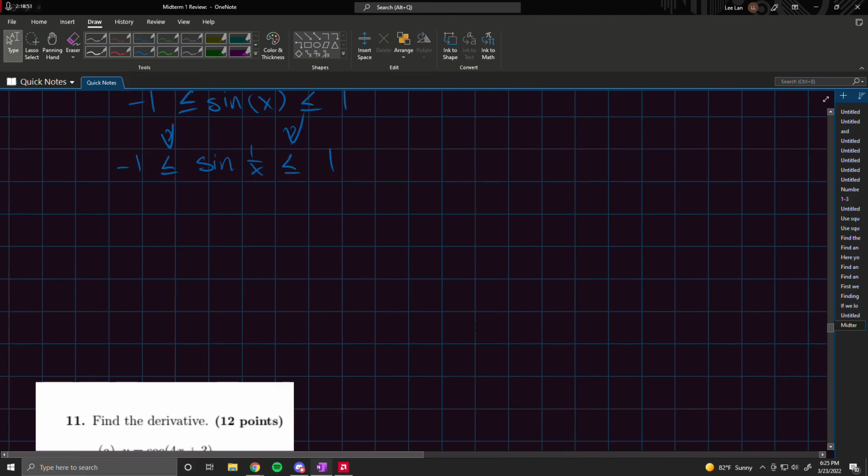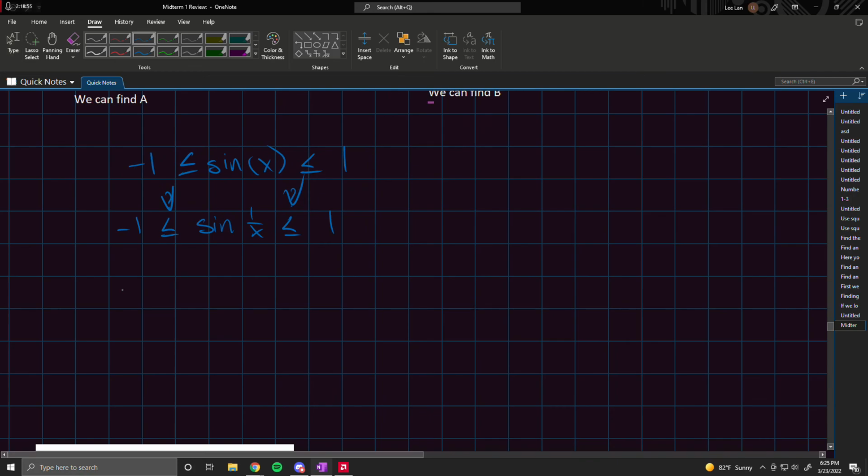How do we get the x squared in? Well, we can just multiply everything by x squared, and that should cover it for us. So you get negative x squared is less than or equal to x squared sine 1 over x, which is less than or equal to x squared.